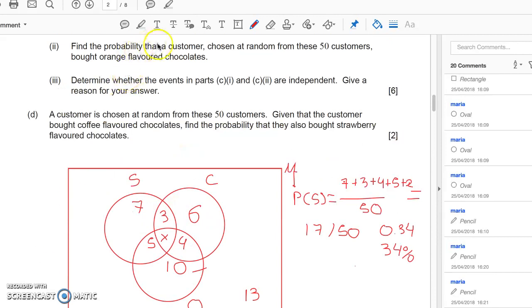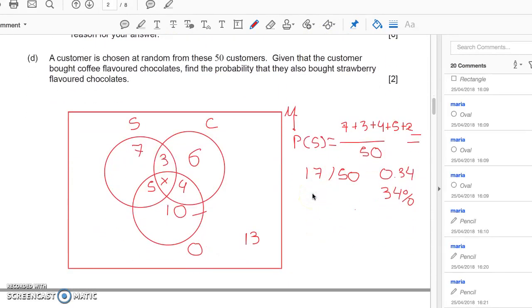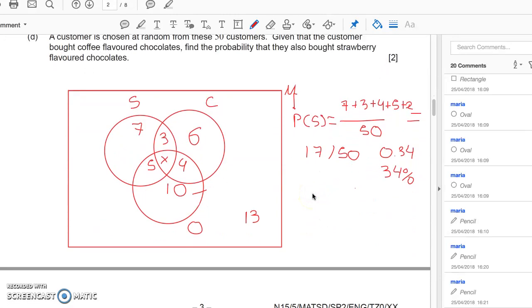Next question, find the probability that a customer chosen at random from the 50 customers bought orange flavor chocolate. So actually this is a very similar question. What is the probability from all of them to have the orange? How many are all of them?